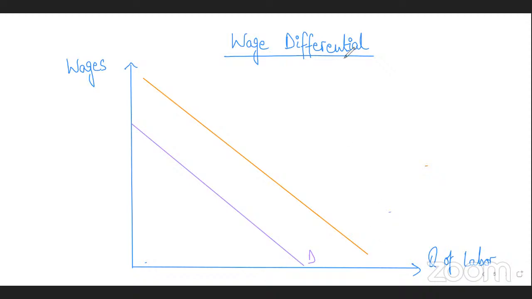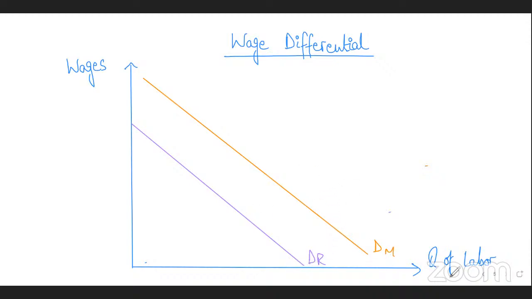And what's the reason? This orange demand curve will be for the managers, which is higher than the demand curve for the receptionists. I'm using this notation so that we can differentiate, right? So DM means demand for managers and DR means demand for receptionists.